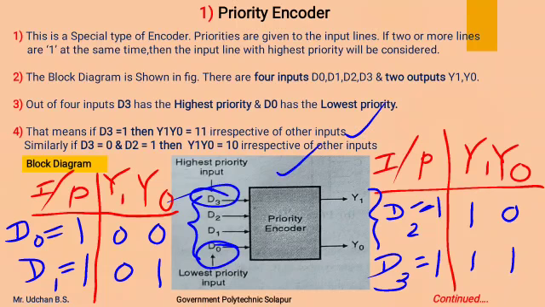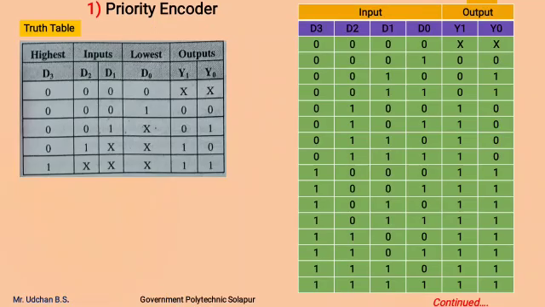Similarly, if D3 is 0 and D2 is 1, then Y1, Y0 will be 1 0 irrespective of the other inputs. Even if D1 and D0 are also 1 1, we still get output 1 0, as D2 has higher priority than D1 and D0. We will see this condition through the truth table.